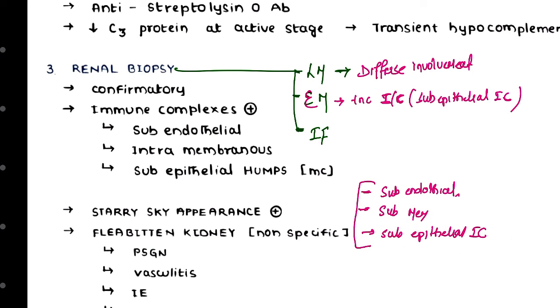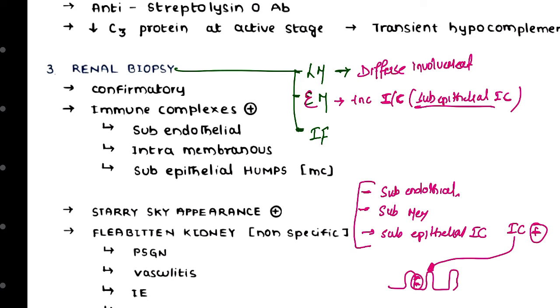Because the subepithelial space is just above our podocytes, and we know the podocytes are negatively charged, and here the immunocomplex are cationic. So this cationic immunocomplex will just go and bind in the region of these podocytes. So we find most prominently the presence of immunocomplex in the region of the visceral epithelium, that is subepithelial immune complex.